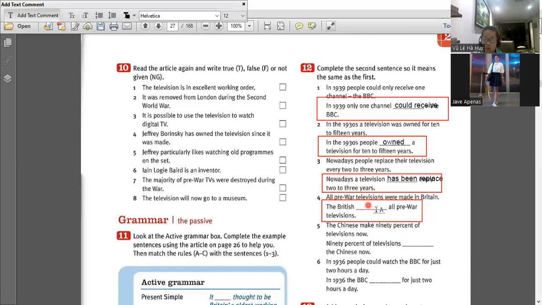So do you get the context right there? All pre-war televisions were made in Britain. So it's the British. All pre-war televisions. Okay, what do you think is the answer there?